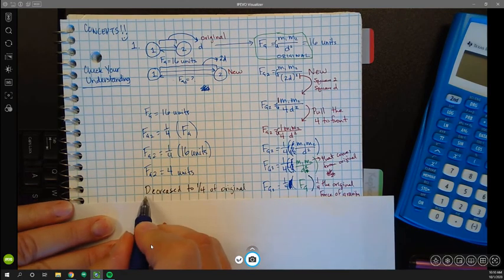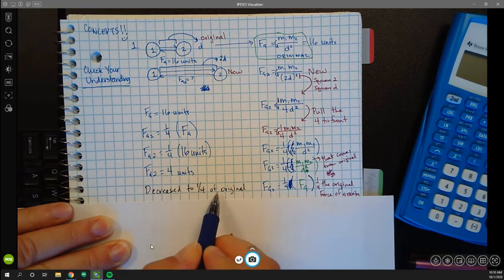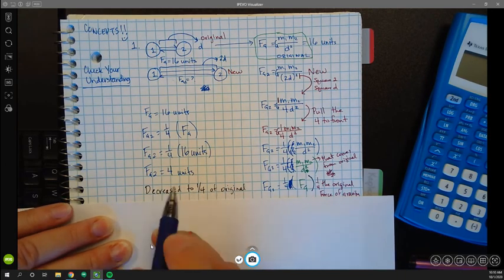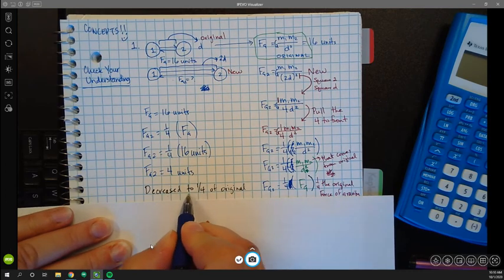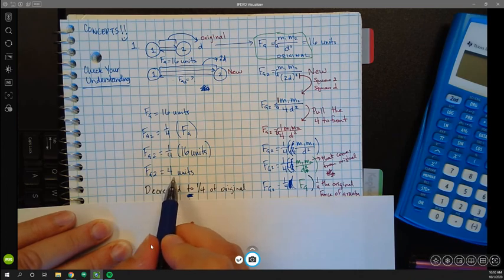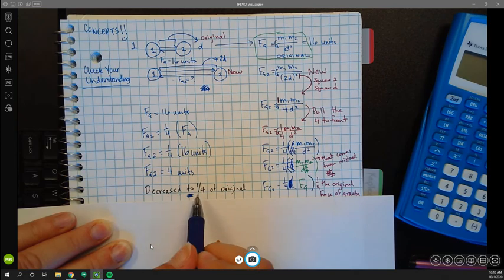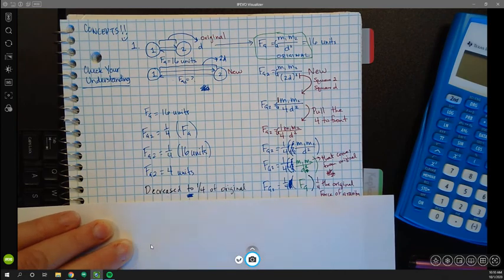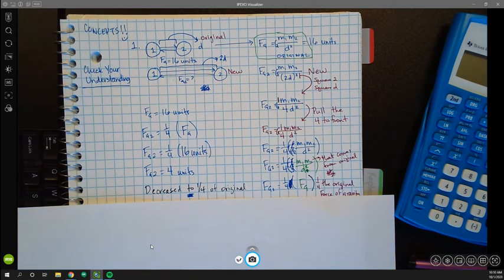So in this case, the new force of gravity decreased to 1/4 of the original. It didn't decrease by 1/4, it decreased to 1/4 of the original. Or the new force of gravity is 1/4 of the original. And that allows us to see that conceptually we can predict basically what the difference will be between objects at different places.